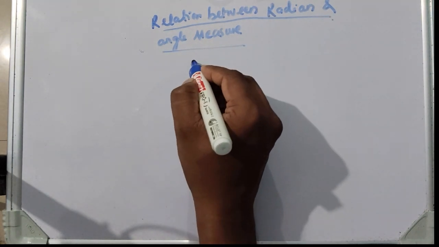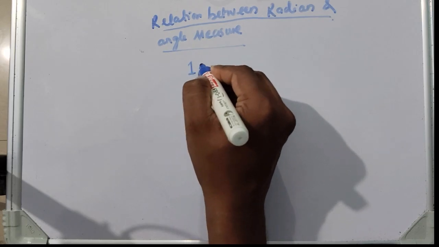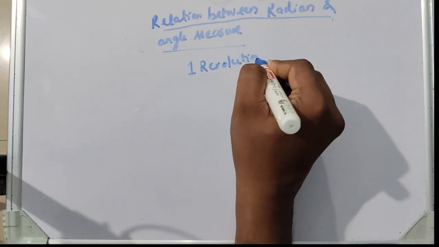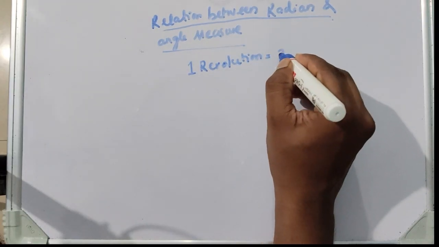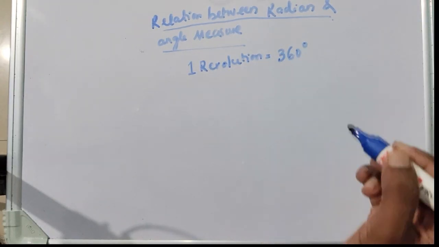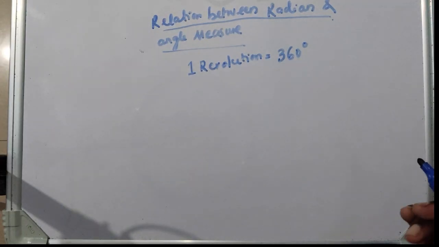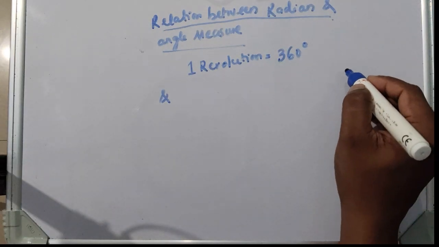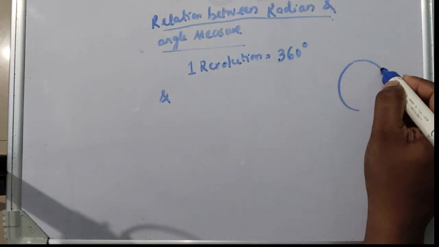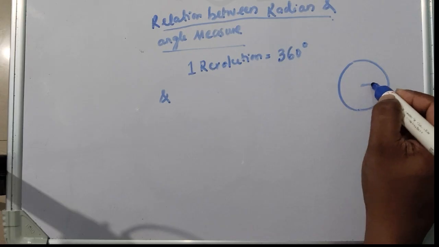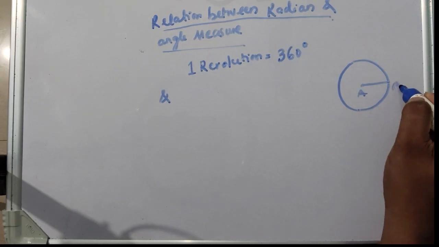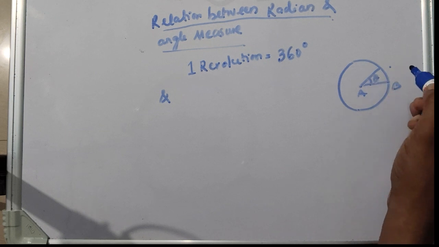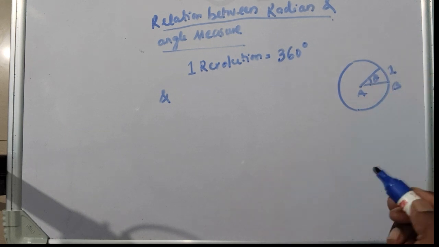We know one revolution is equal to 360 degree, and angle subtended by an arc of unity distance.